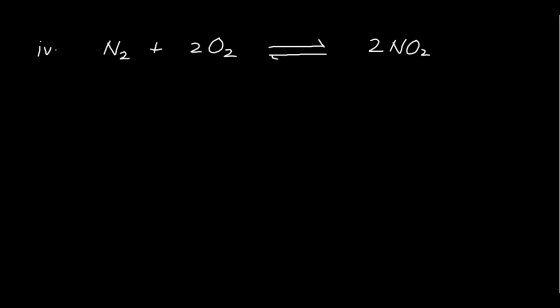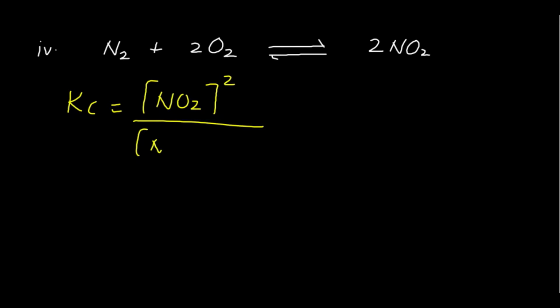Now students, we will see what next reaction is given to us. In the next reaction, we have the reaction of nitrogen with oxygen to form nitrogen peroxide. In order to determine the unit of Kc, first of all we will write the Kc expression for this reaction. Kc is equal to nitrogen peroxide raised to the power 2 over nitrogen into oxygen raised to the power 2.